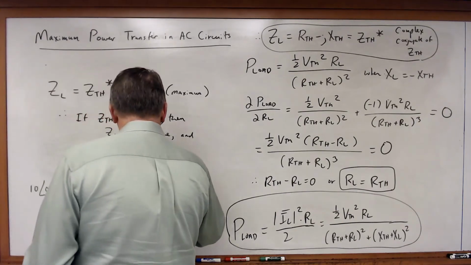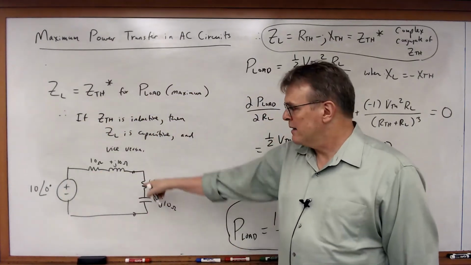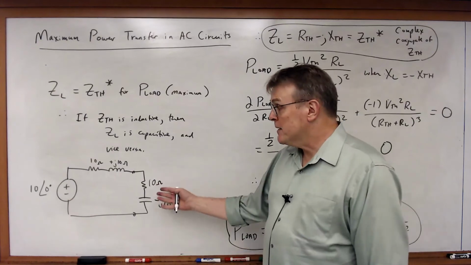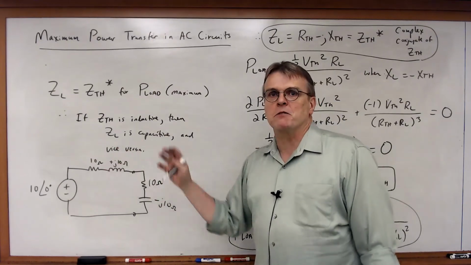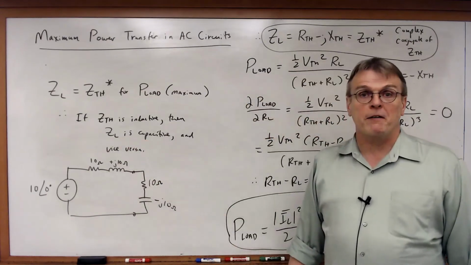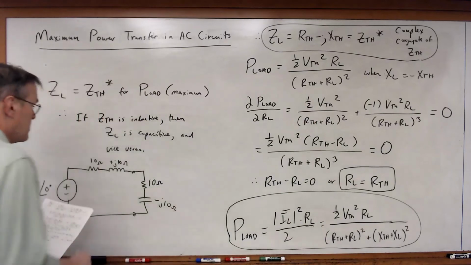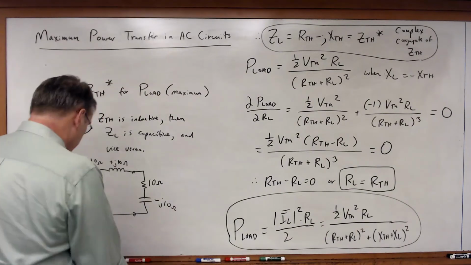And in that case, all that's left will be the real parts when I look at the maximum power. So I effectively turn this back into a resistive circuit by making the load impedance equal to the complex conjugate of the Thevenin impedance.